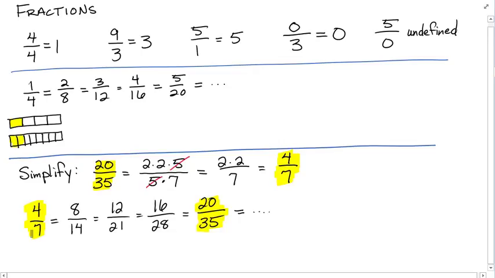So there are the first three principles that you want to make sure you understand when it comes to fractions. You've got to be able to understand what they mean and be real careful about dividing by 0. And then you need to understand that each fraction can be expressed in a number of different ways.